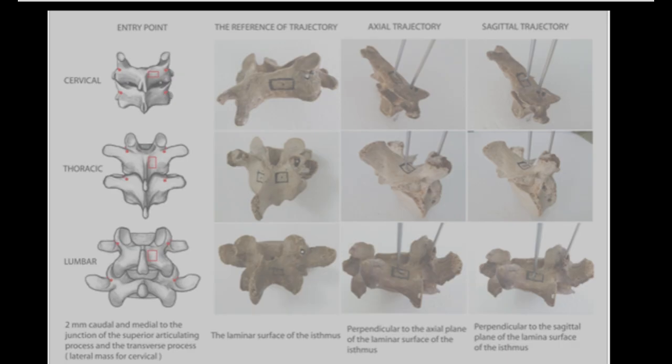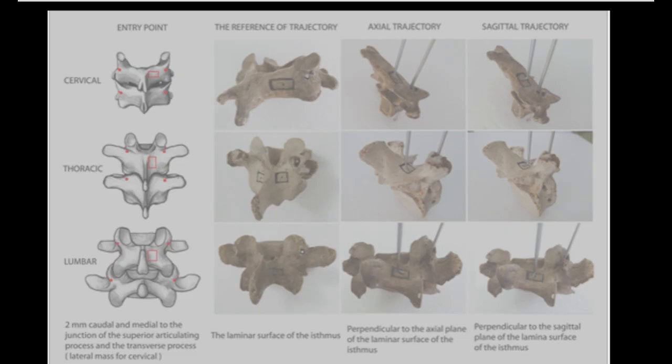Again, the same thing they are saying: the lateral border of the superior articular facet, just below that at the transverse process junction, 2 mm caudal to this junction, you can take as the entry point for cervical, thoracic as well as lumbar pedicle screws.